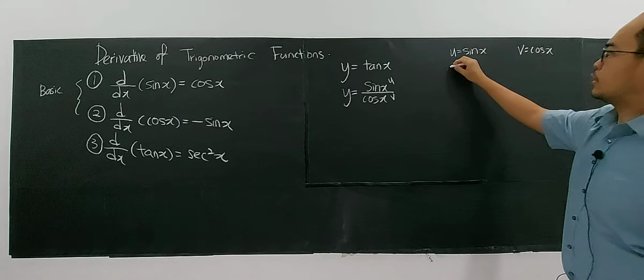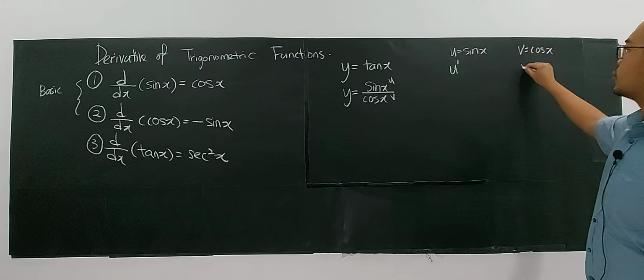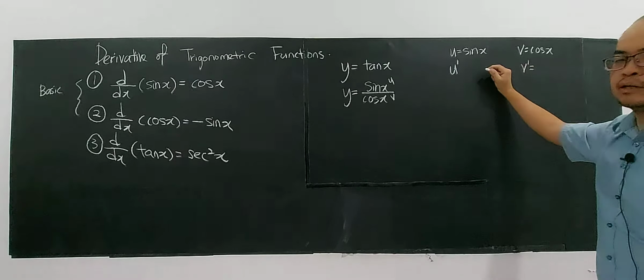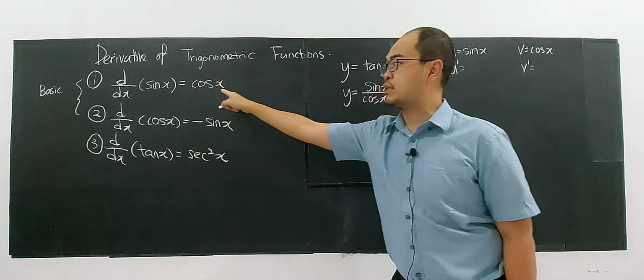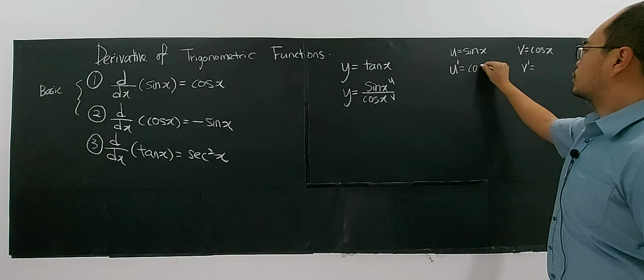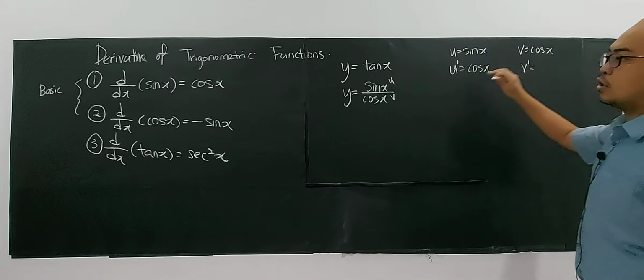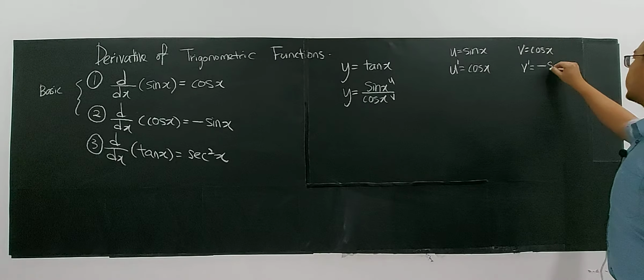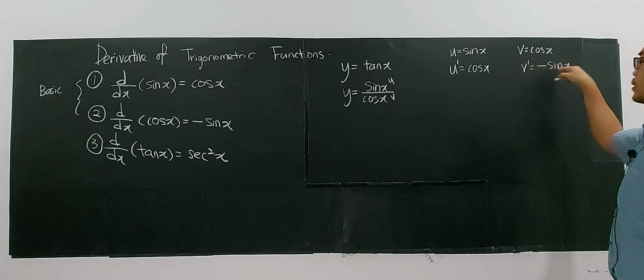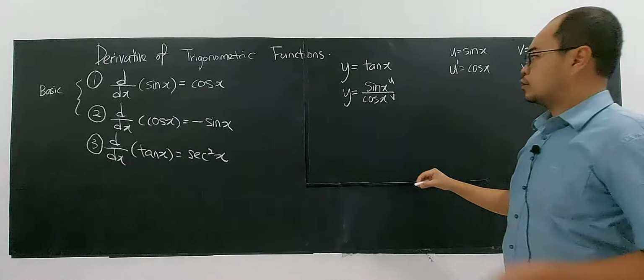As usual, whether we apply the product rule or quotient rule, we just choose u and v. Differentiating sine, you are getting cos x, that is u prime. Differentiating cos, the two basic ones, you are getting negative sine x, which is v prime. Then I apply the quotient rule.